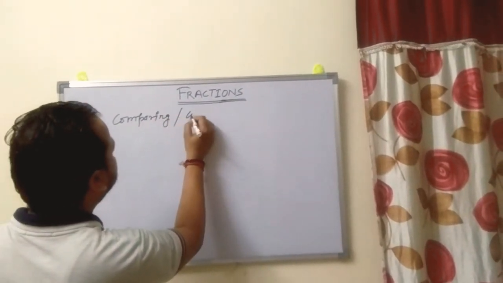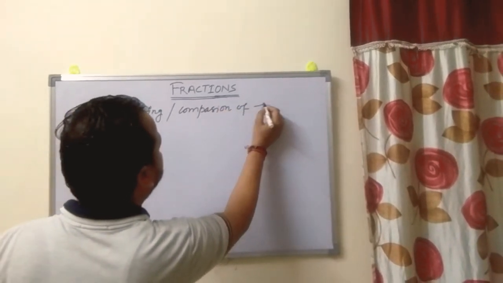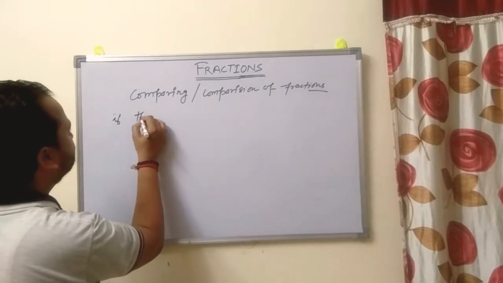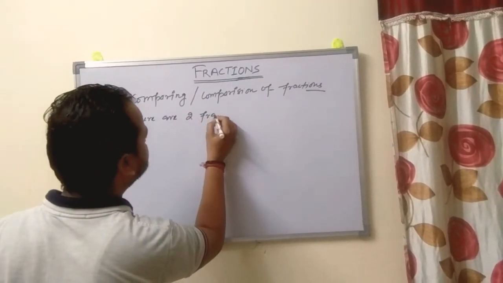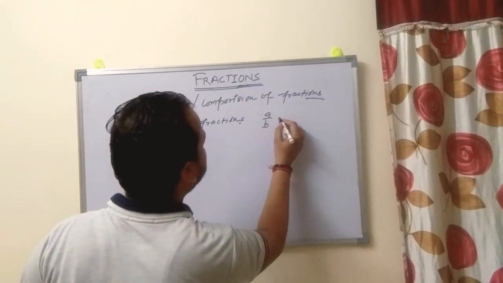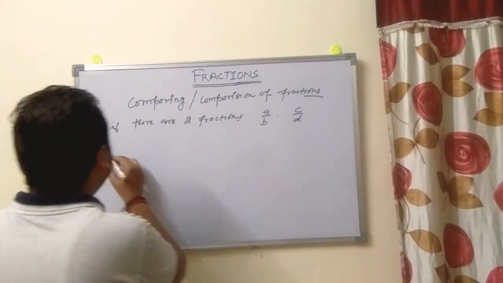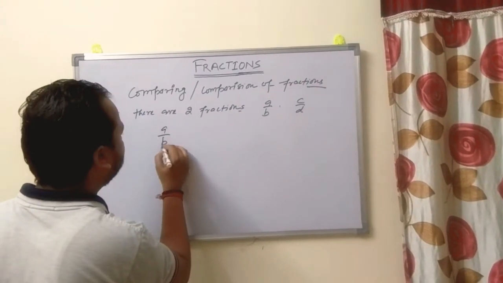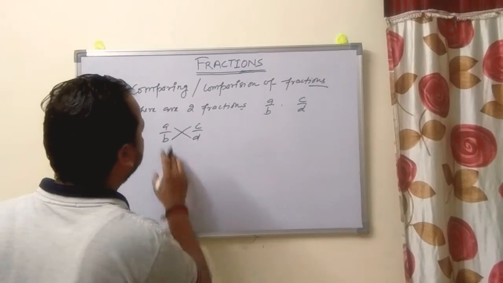Comparison of fractions. If there are two fractions, suppose A by B and C by D. In the first case, if we cross multiply A by B and C by D, what do we get?